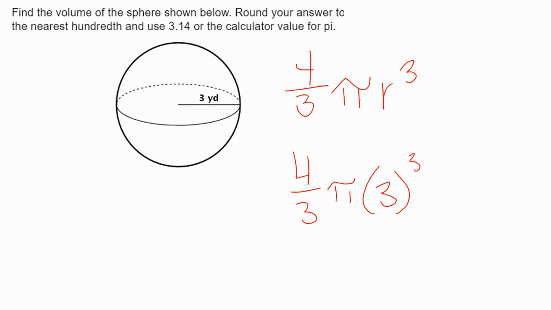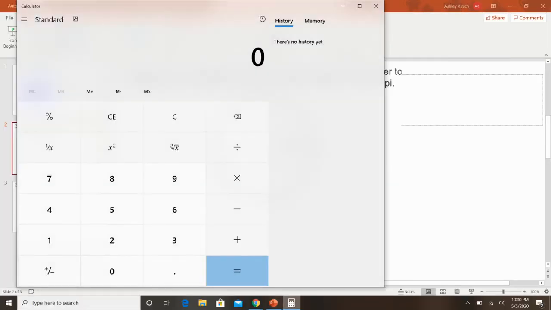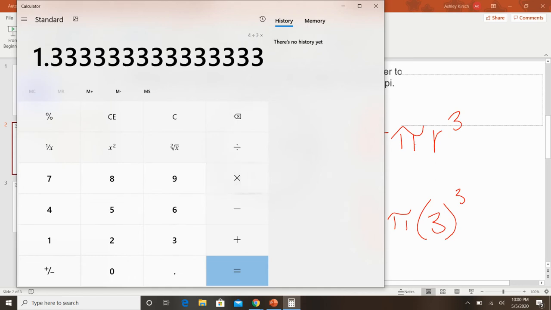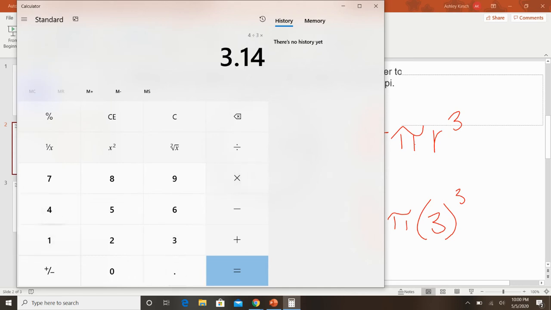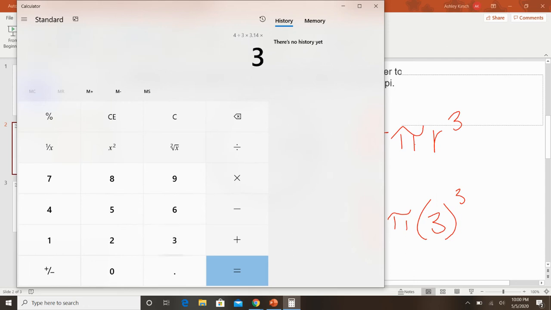Okay, so we had 4/3, so I'm going to type 4 divided by 3 times pi, which is 3.14, times, now I don't have a cubed button on here, so I'm just going to do times 3, times 3, times 3.